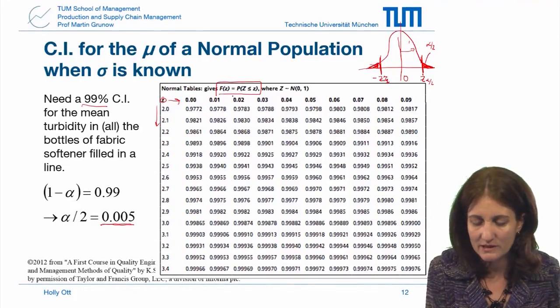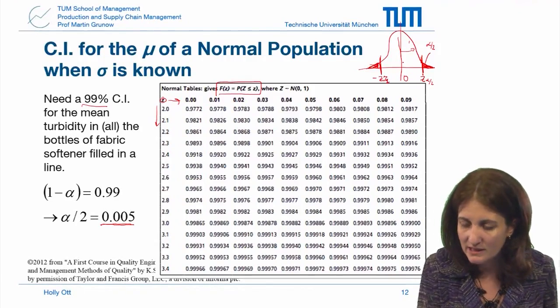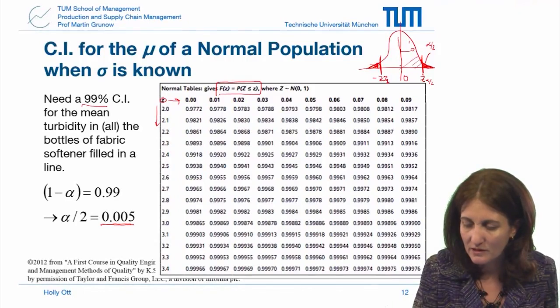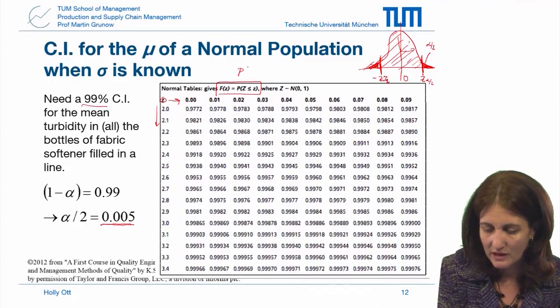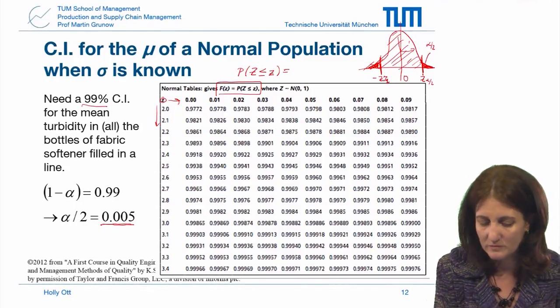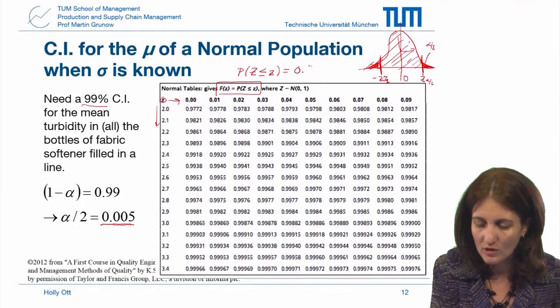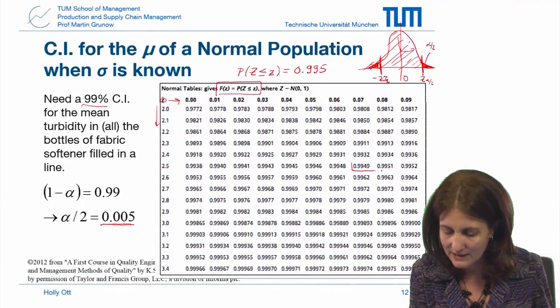But this table gives the probability that the random variable is less than or equal to z, so it will give us this entire probability here. So what we're looking for, the probability that random variable z is less than or equal to z, is going to be equal to 0.995.